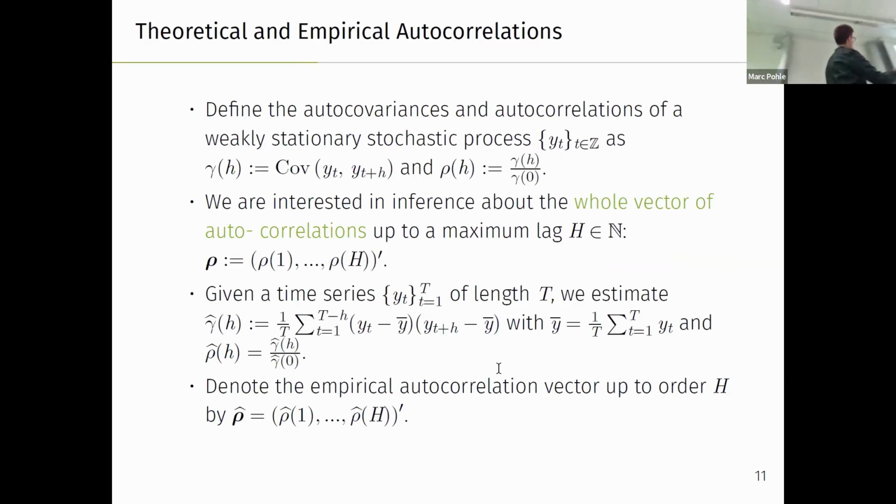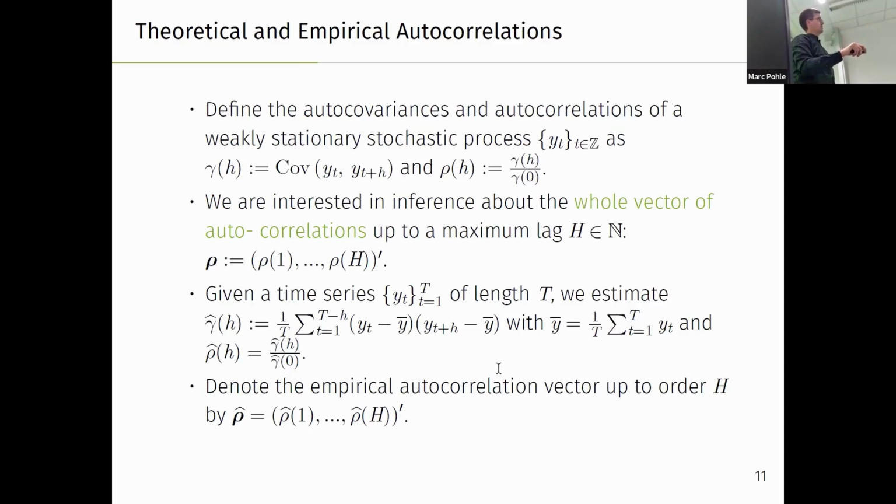Okay, so as usual, we define the autocovariance function like this, and the autocorrelation function like this, and we use the usual estimators. We make more assumptions later, but to write down the autocorrelations, we assume weak stationarity for the process Y_t.